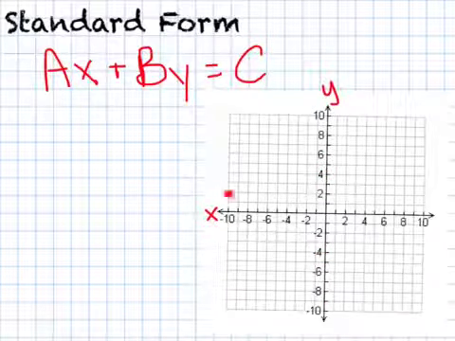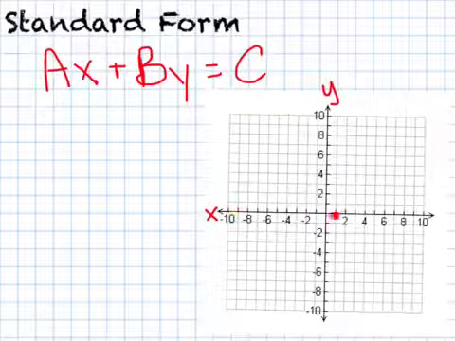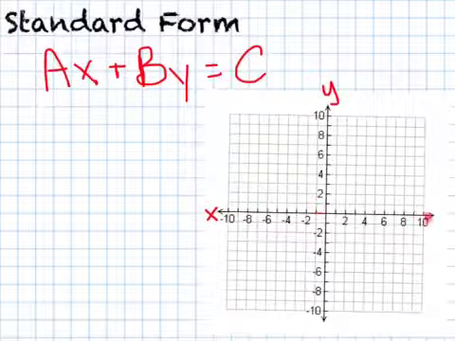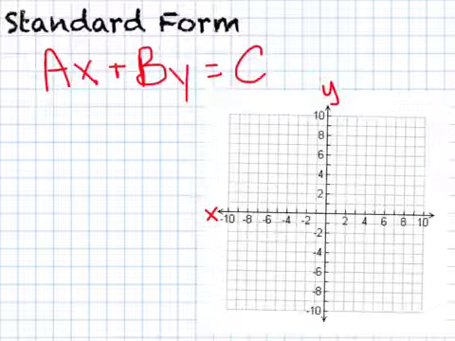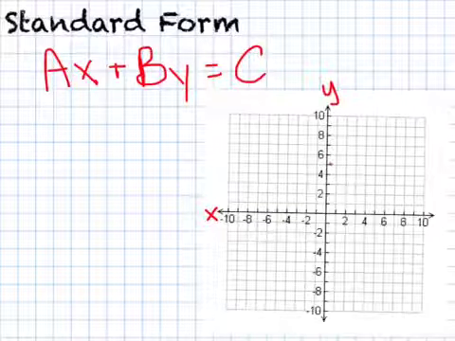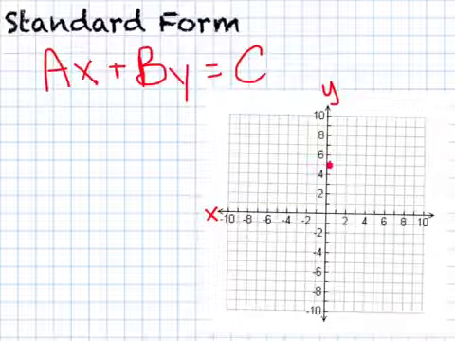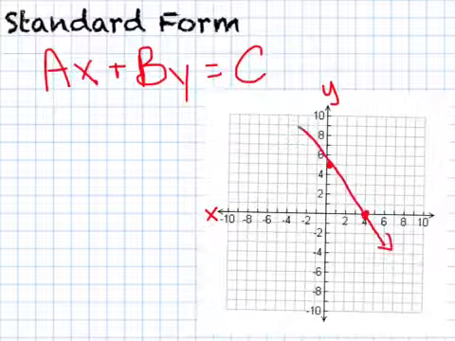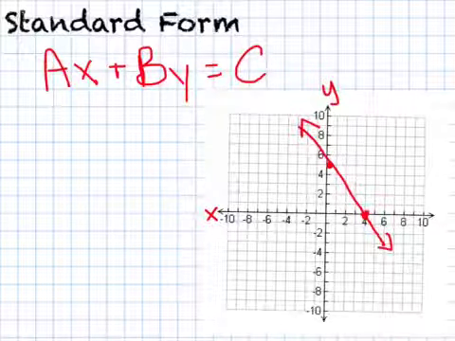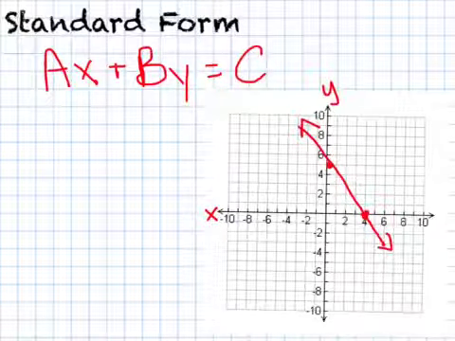Our x-intercepts will be whatever points cross here at this horizontal x-axis. Using standard form, we can figure out what those points are. We can plot those 2 points, then draw a line through those 2 points, and that will be the graph of our equation. So, this next part, we'll talk about how to do that.